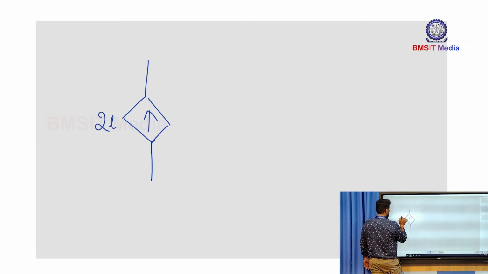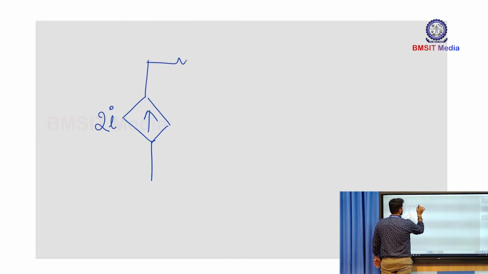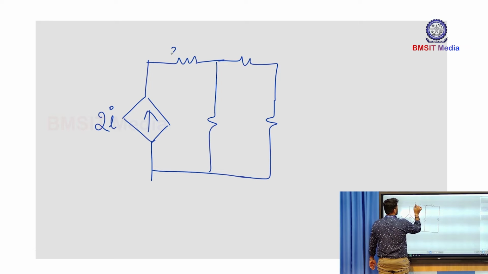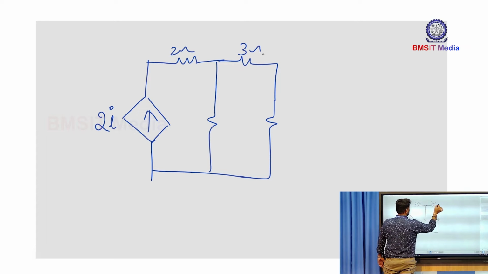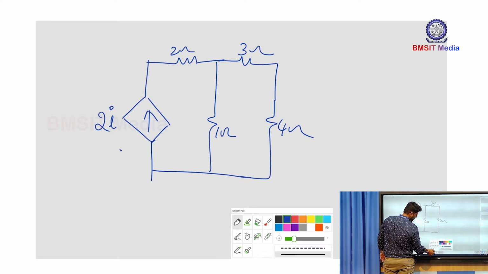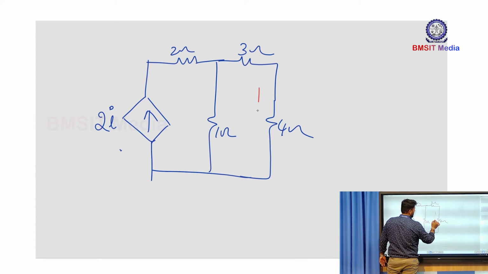Say 2I is the current source value. See this kind of network, guys, say 2 ohm, 3 ohm, 1 ohm and 4 ohm. This is a controlled current source. The controlling variable is I, which I'll represent in some other branch.